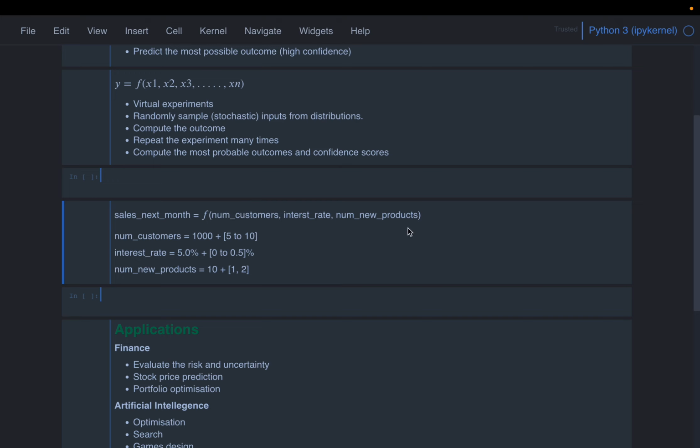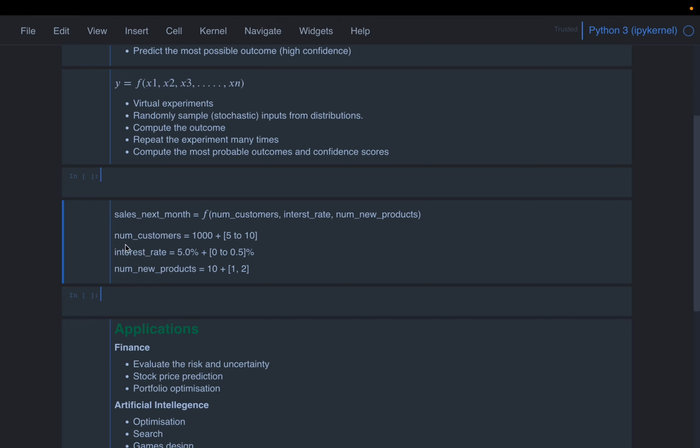Let's say we already know the functional form, so given these three values, we know how to compute the sales for next month. But even then, the uncertainty comes because these three input variables themselves have some uncertainty in them.